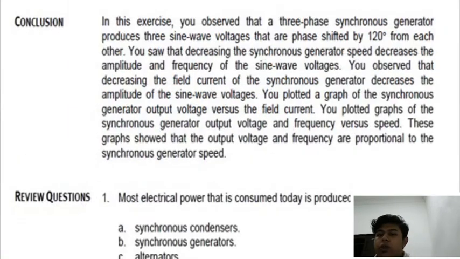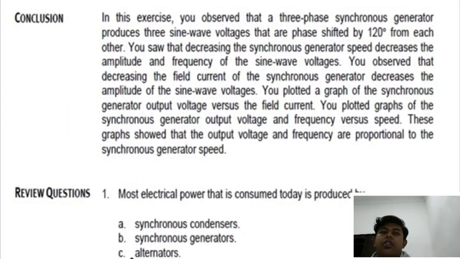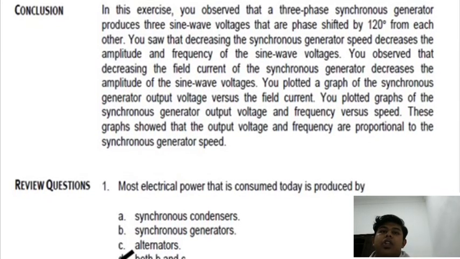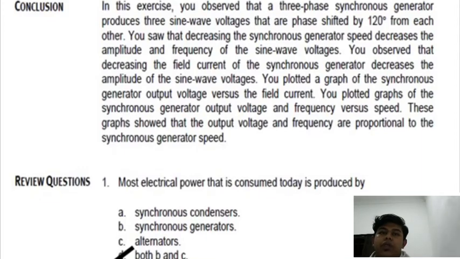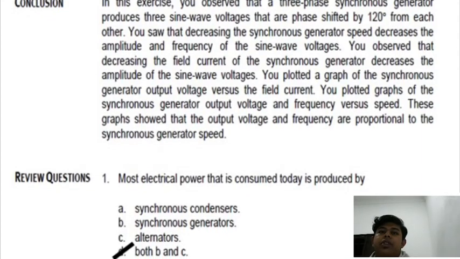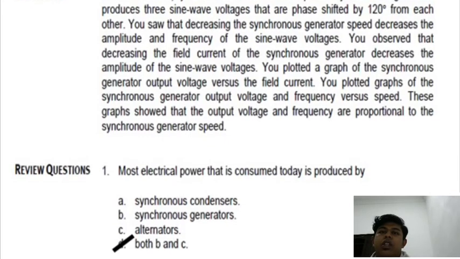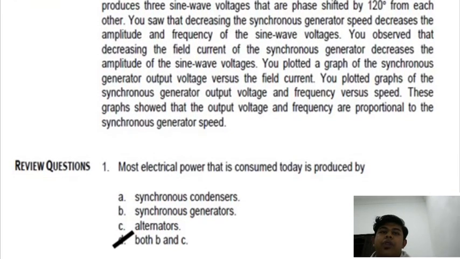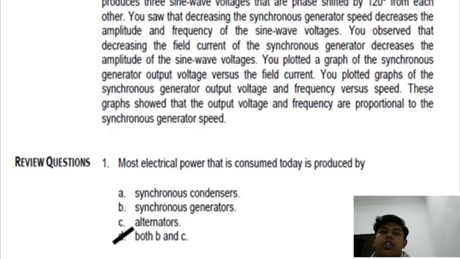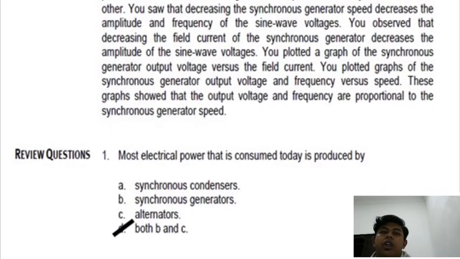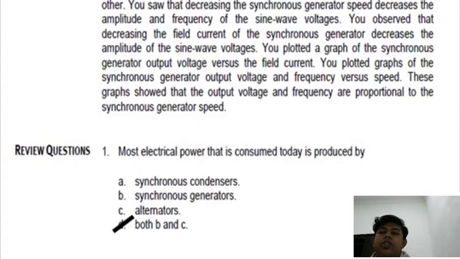Okay, for the conclusion, in this exercise, you observed that a three-phase synchronous generator produces three sine wave voltages that are phase shifted by 120 degrees from each other. You saw that decreasing the synchronous generator speed decreases the amplitude and frequency of the sine wave voltage.